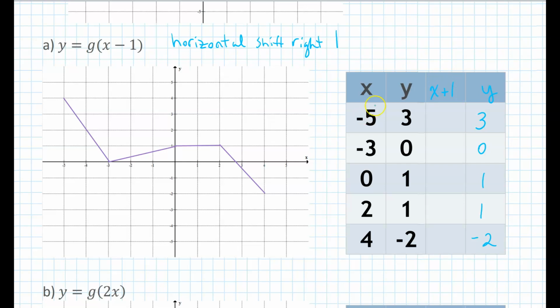Negative 5 plus 1 moves that to negative 4. Negative 3 plus 1 moves that to negative 2. 0 plus 1 is 1. 2 plus 1 is 3, and 4 plus 1 is 5. These are going to be our new coordinates.